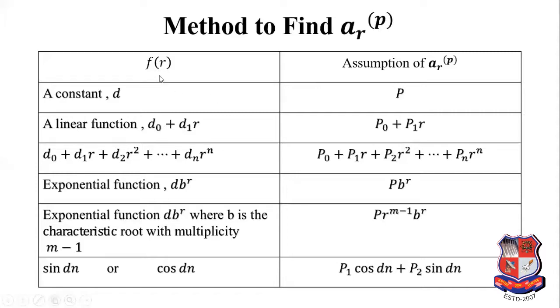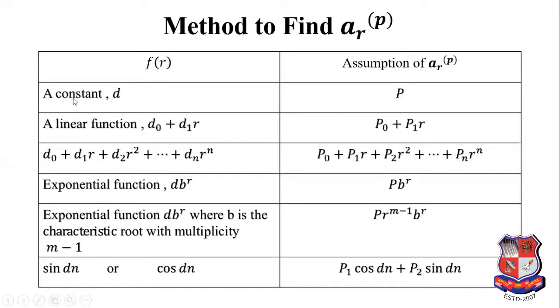So here one table is given, where if f of r is of the form on the left hand side, then what should be the assumption of a_r^(P) that we need to consider? That is given on the right hand side of the table.